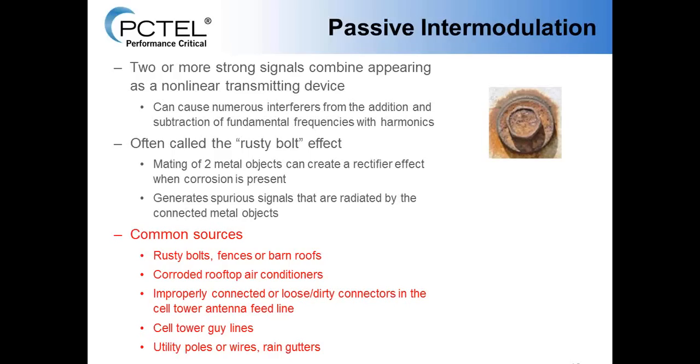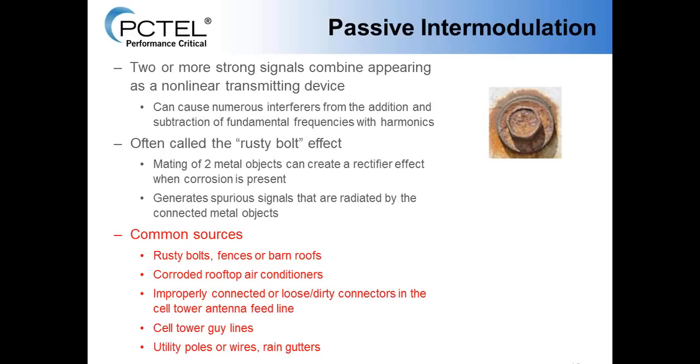These harmonics add and subtract, and they can cause peaks and interferers at almost any frequency. It's often called the rusty bolt effect because this is where early passive intermodulation was found, but it's really generated by a lot of different sources these days.